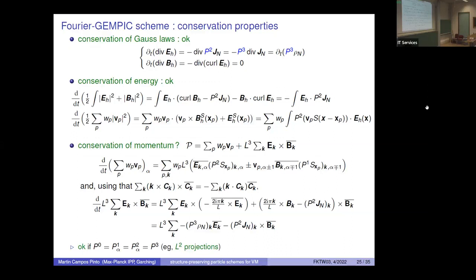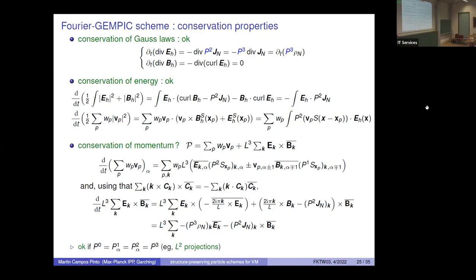component-wise. Okay, if these two projections are vector valued, P0 and P3 they are scalar valued. So here you see in the momentum balance, you have some terms that involve P2, P1 with some components, P3, P2. If you want the balance to be 0, you need to have the same projection operators, and this is typically what happens when you use L2 projections.